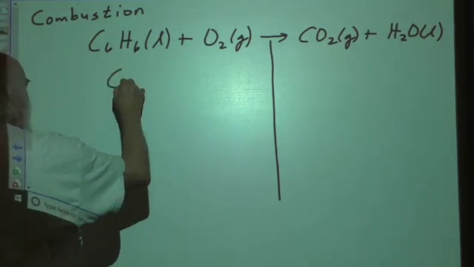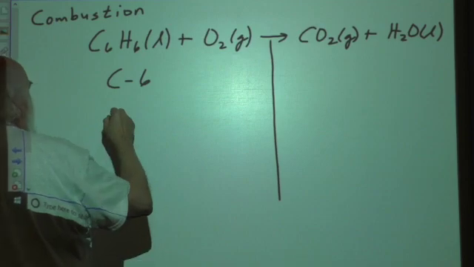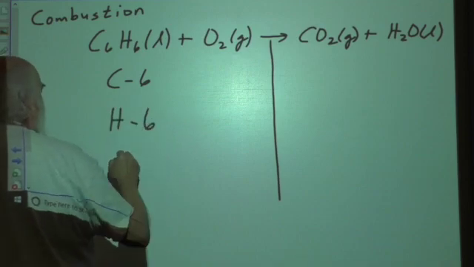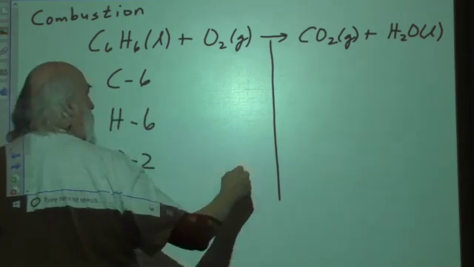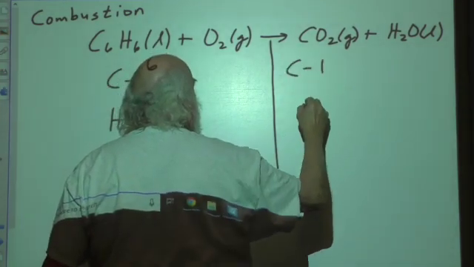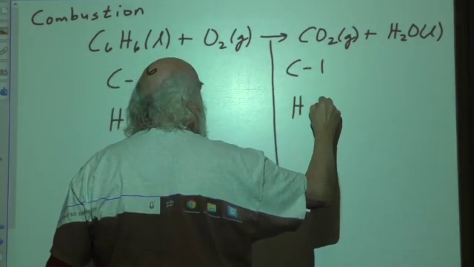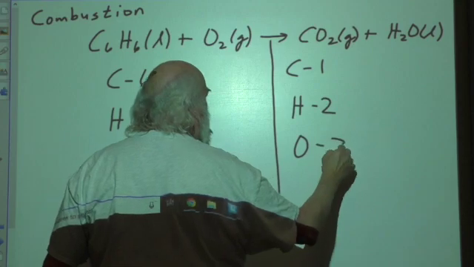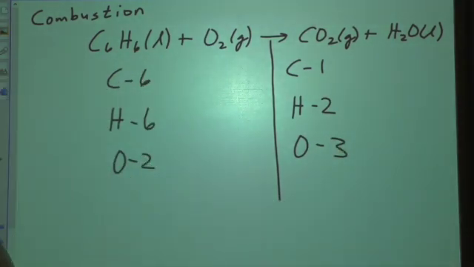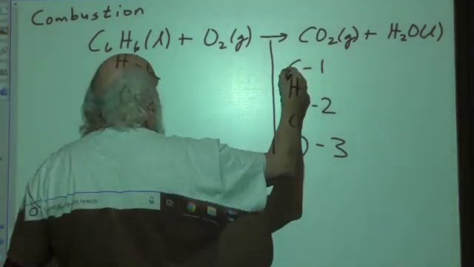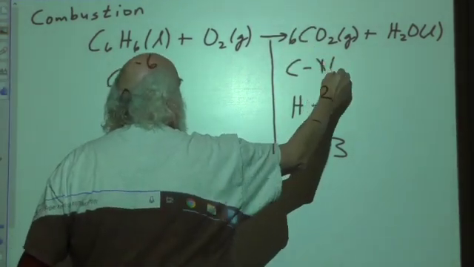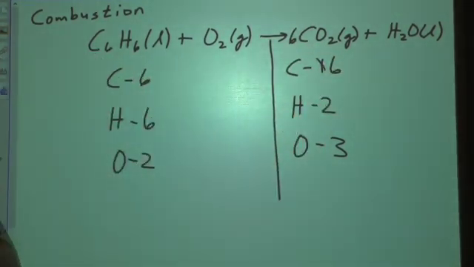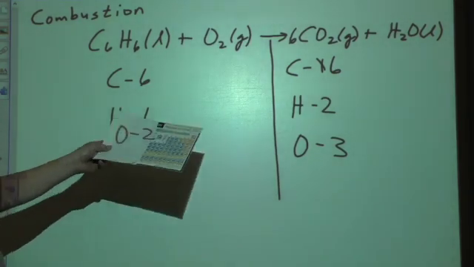So we have 6 carbons here, and 6 hydrogens here, and 2 oxygens here. We got 1 carbon here, we got 2 hydrogens here, and we got 3 oxygens here. So deal with the 6 here for the carbons. So we put a 6 there. The carbon's the same. Deal with oxygen later. Hydrogen is 6 here and 2 over there.